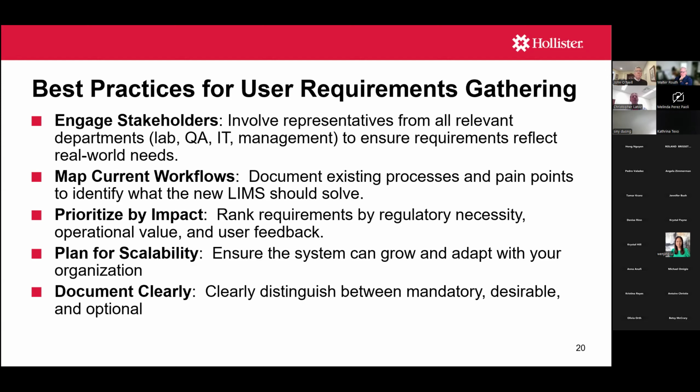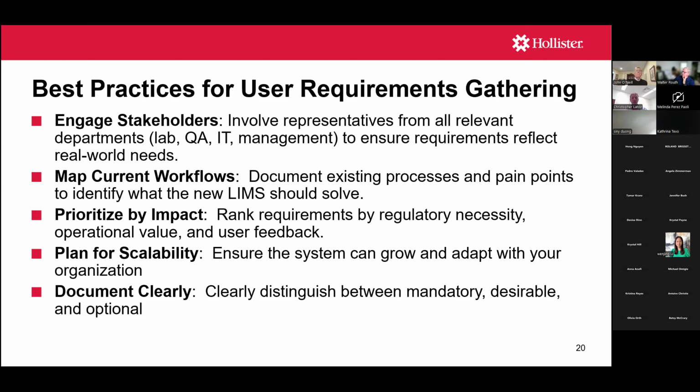Many times you're going to prioritize the user requirements based on impact. Perhaps very high priority would be if it's a regulatory necessity. Planning for scalability is very important. It really depends on your use case. For us, the implementation was just at our Libertyville site, and we had roughly 15 users.